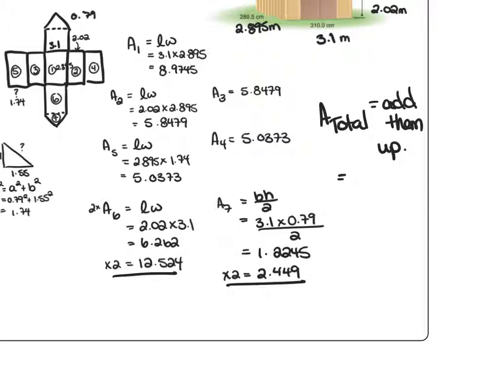I'm adding 4 and 5. And now I'm going to add 6 and 7. 2.449. And I get a total of 45.68. And because of surface area, this is in meters squared.